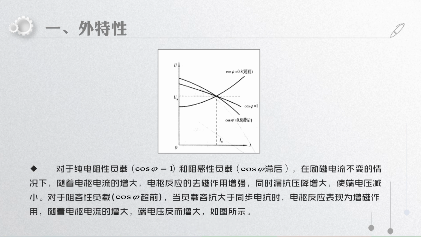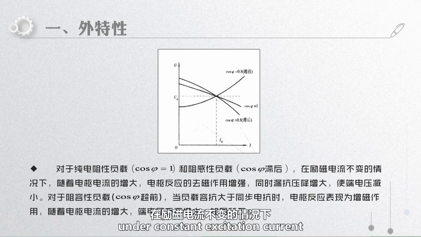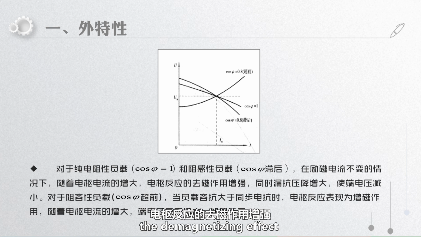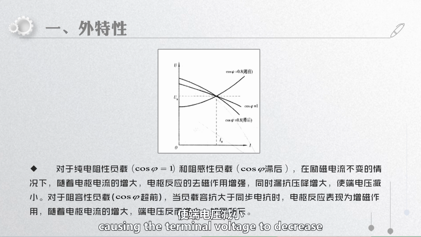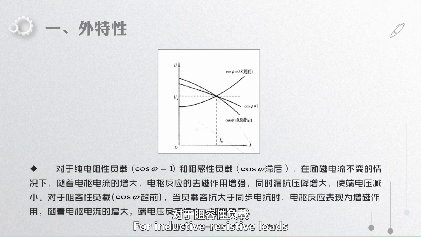Cosine phi lags. Under constant excitation current, as the armature current increases, the demagnetizing effect of the armature reaction strengthens, and the leakage reactance drop increases, causing the terminal voltage to decrease for inductive resistive loads.